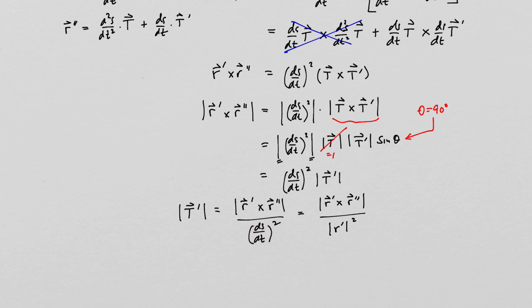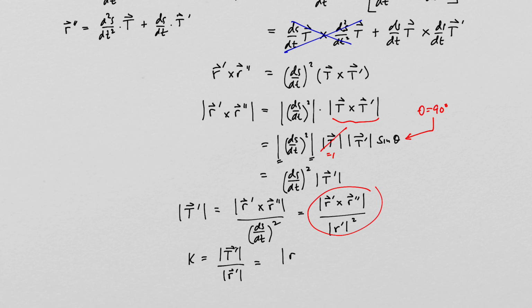And so finally we have kappa, which is equal to the magnitude of T prime divided by the magnitude of r prime, is going to equal this quantity here divided by the magnitude of r prime one more time.